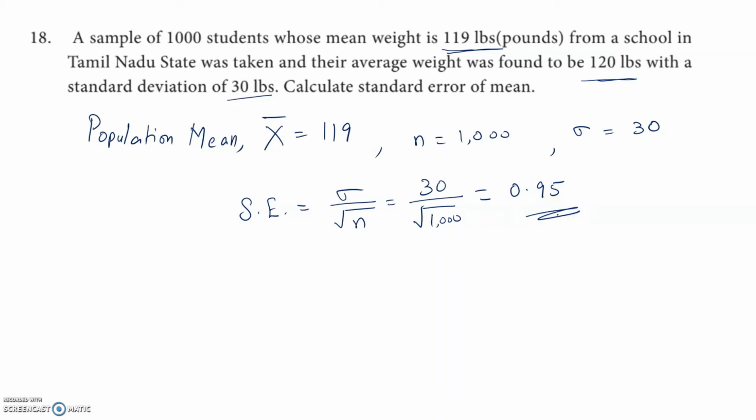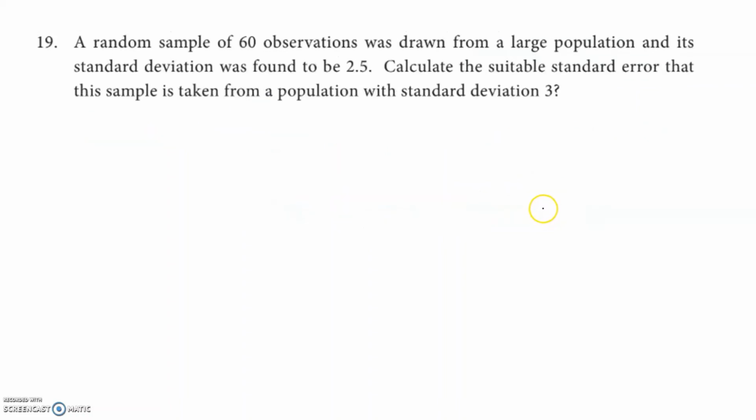So that's our standard error. In the next problem, a random sample of 60 observations was drawn from a large population, and its standard deviation was found to be 2.5. Calculate the suitable standard error, given that the sample is taken from a population with standard deviation 3.